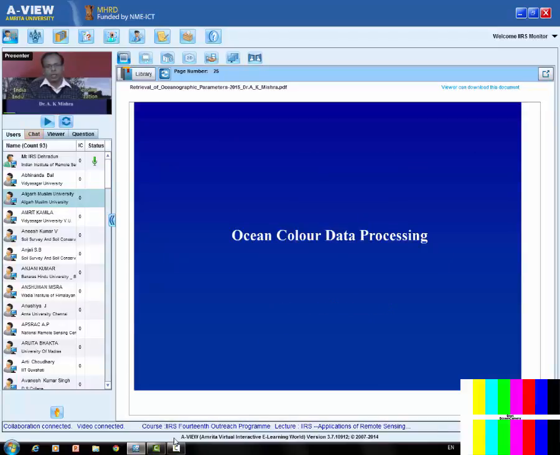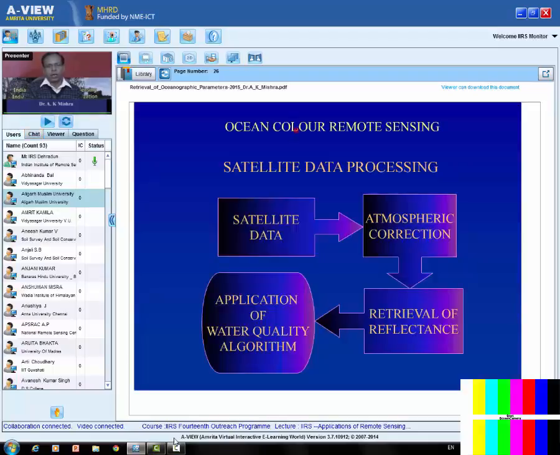I will be telling you about the overview of the ocean color data processing. First we take the satellite data, and then we do the atmospheric correction, and then we retrieve the radiance or reflectance of the water. Then whatever in situ algorithm we had developed earlier, that we apply to retrieve the water quality parameters.